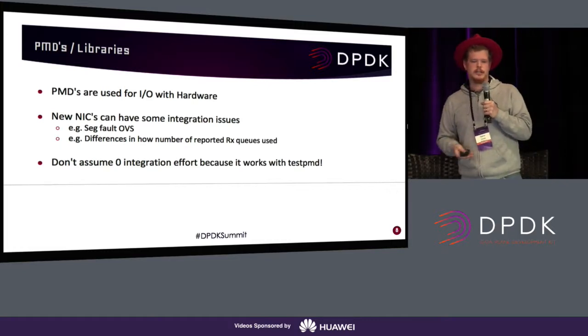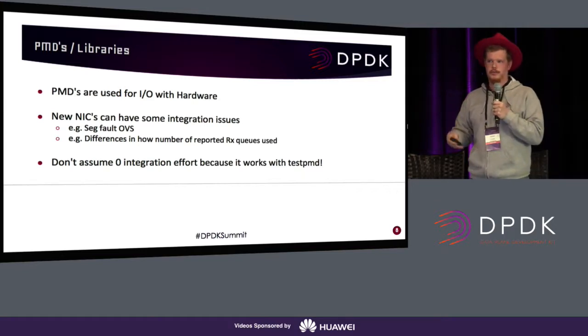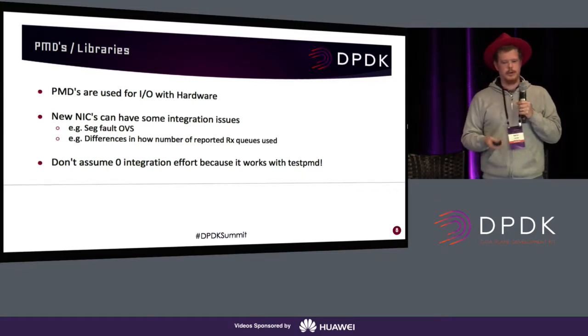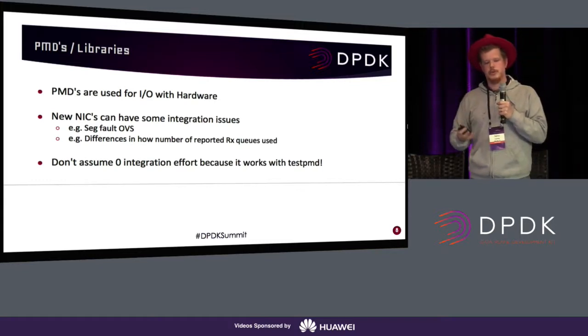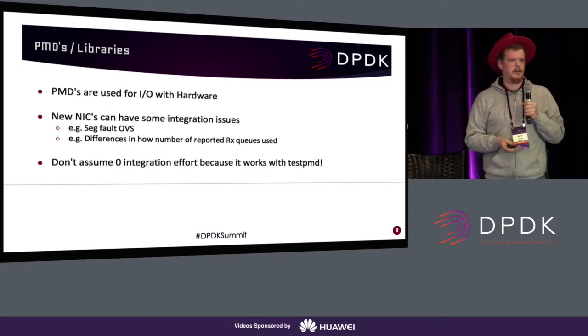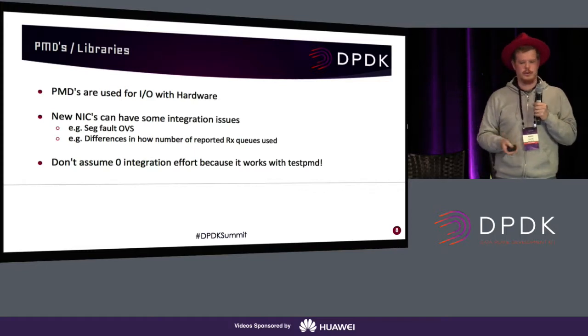So there are inconsistencies, not just in the user experience, but also in the first bring up. And so the big point we wanted to make was you can't assume that there will be zero integration effort just because something runs with test PMD. It's not going to be golden.